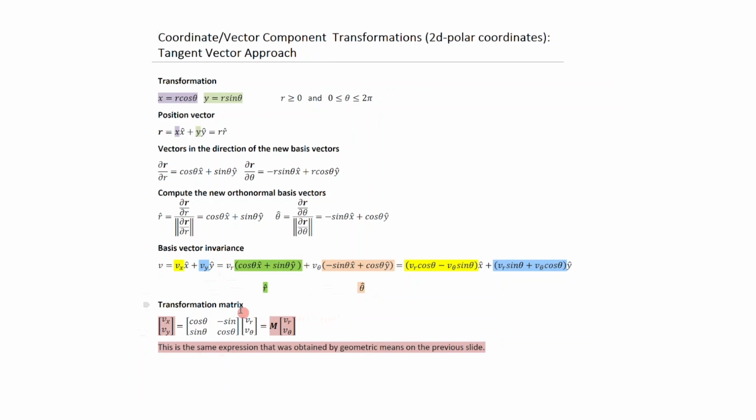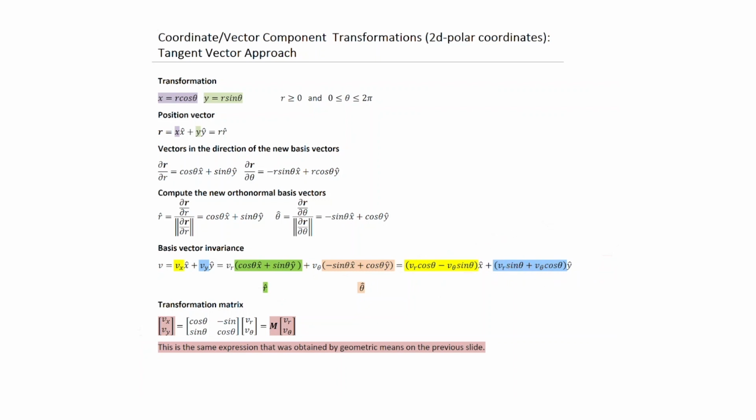Okay? All right, so we know, though, that r hat, from this expression, we have it. So we can substitute here. We know we have theta hat, so we can substitute here. And now what we want to do is rearrange these two so that everything has either got x hat or y hat. And so this is what I've done here. Here's the x, all the terms grouped with x hat, all the terms grouped with y hat.